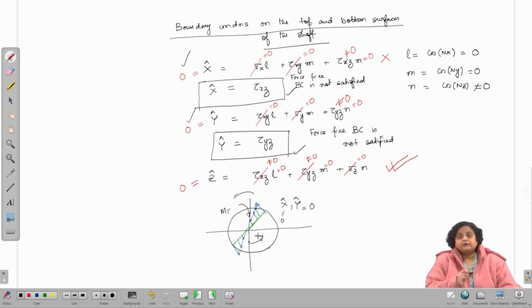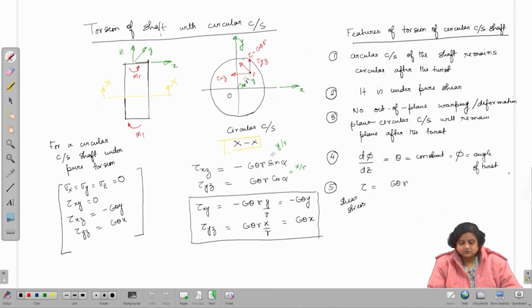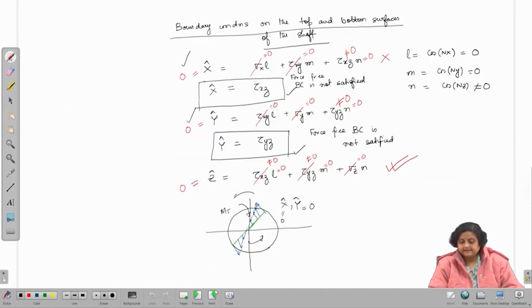So, in order to satisfy the boundary condition perfectly as per theory, the torque Mt that is applied to the shaft should be applied in this form. But in a practical case, it is not possible to apply torque in that form.